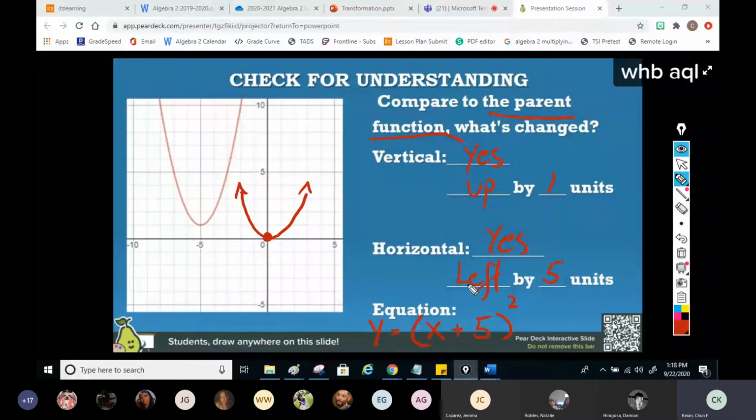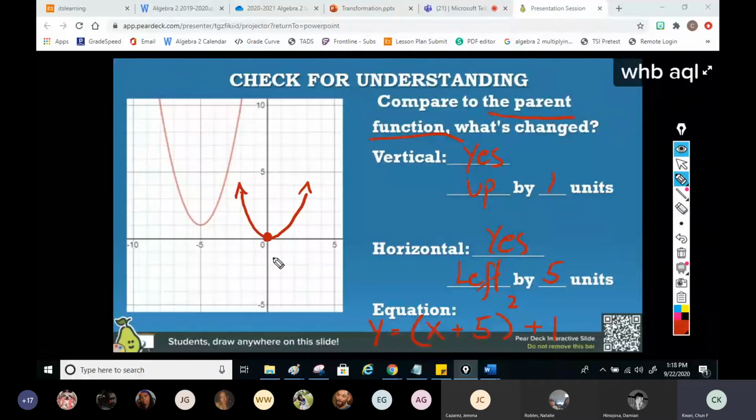So it is a plus because it goes to the left. And then at the back, if it moves up, we need a plus and then 1 unit. So that's the equation for the new graph.